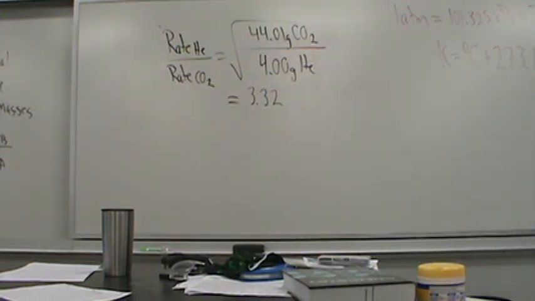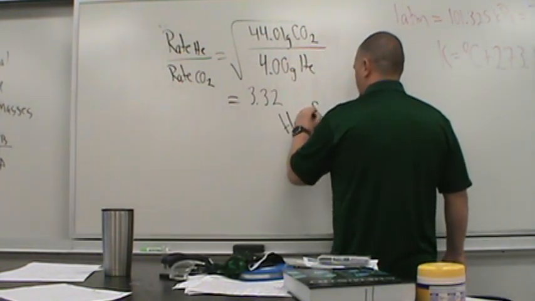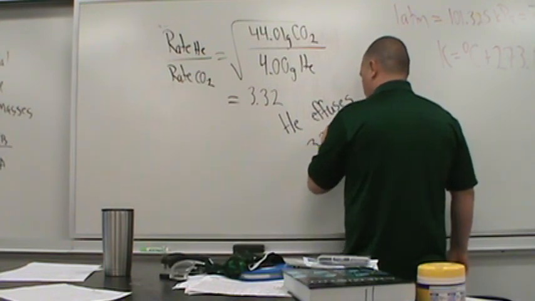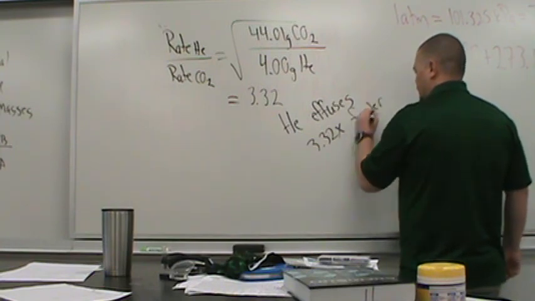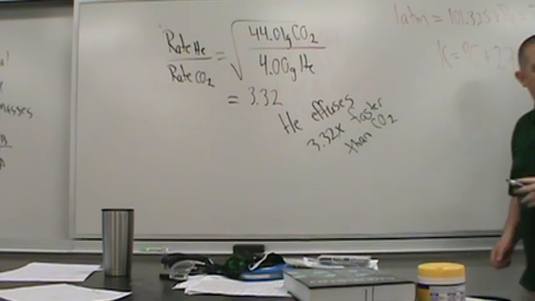There are no units with it. So this is telling us that helium diffuses 3.32 times faster than carbon dioxide.